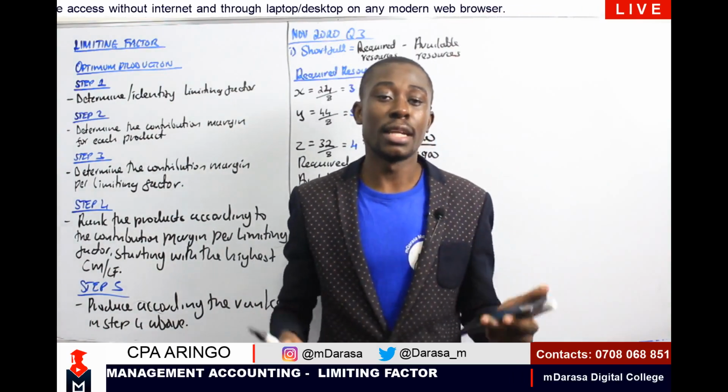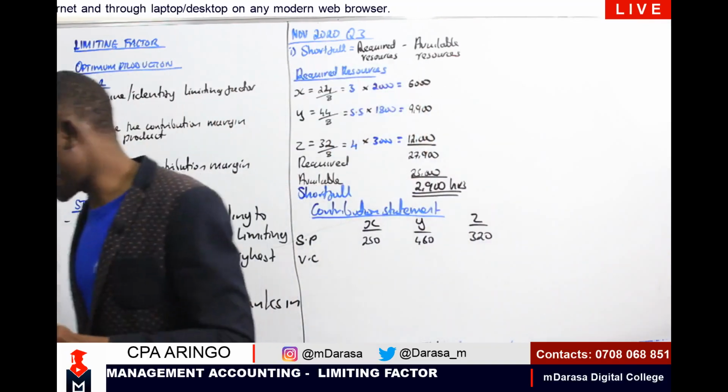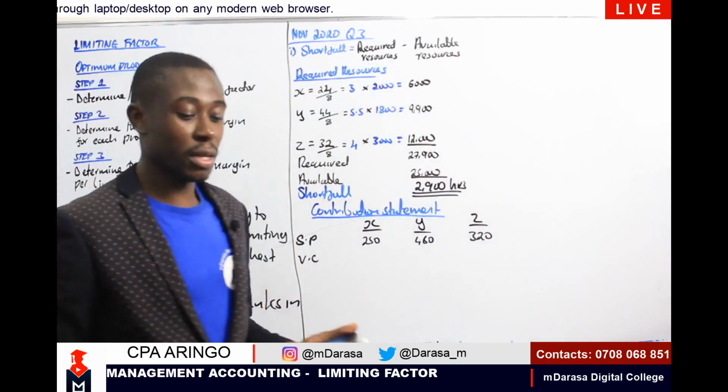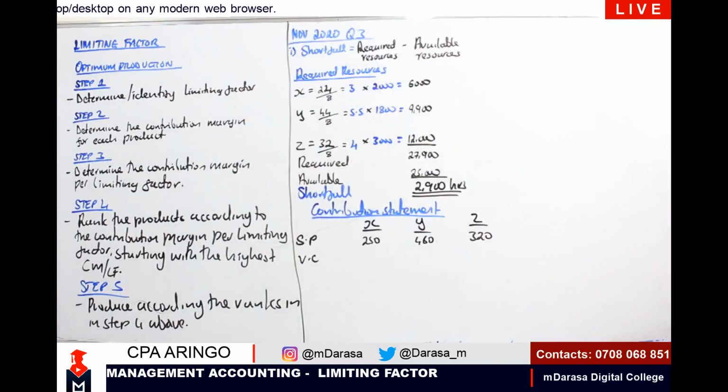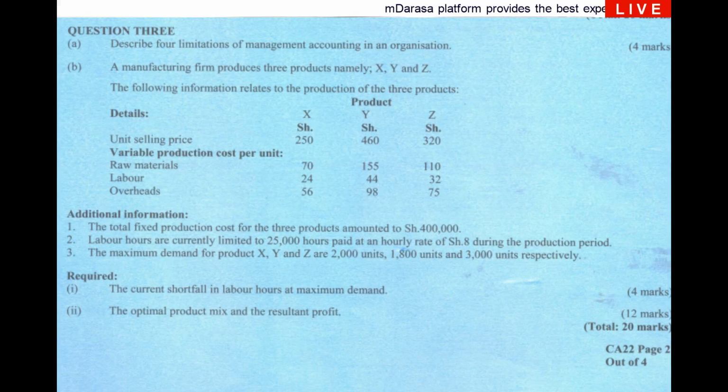I just want us to get the summation of the 3 for each product. Let us work it out together. X: 70 plus 24 plus 56. That should give me 150.